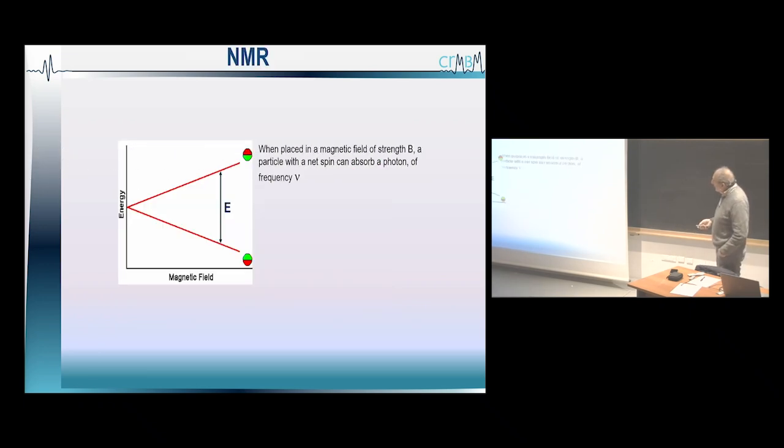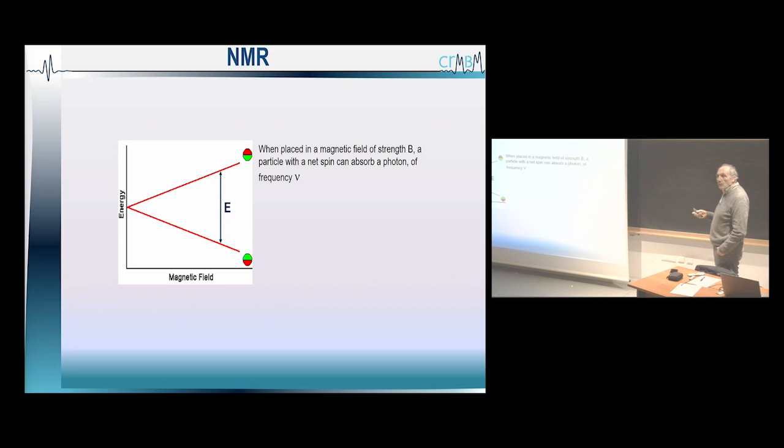Okay, so now the question is, I've got the nuclei, I've got the main magnetic field B0, which can be more or less large, but then I need to do something to get the NMR signal, because so far I've got nothing. What I need to do is provide to the system a certain amount of energy so that the nuclei which are in one state, or some of them, are going to move to the other state.